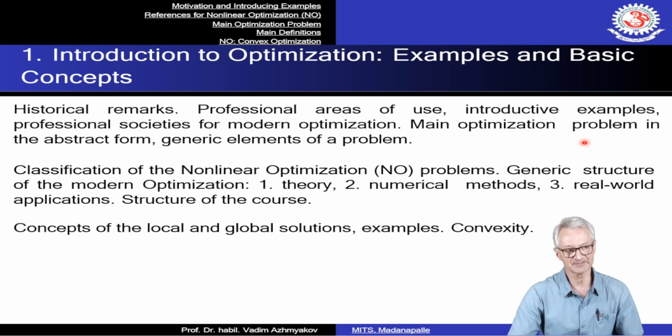Of course, in the mathematical sciences, in applied mathematics, we have many classifications. The first classification we make today is the division of the general mathematical optimization theory and the consideration of nonlinear optimization, with the generic structure of modern optimization as a theory, numerical methods, and real-world applications.